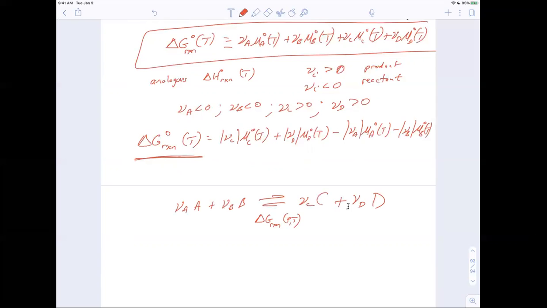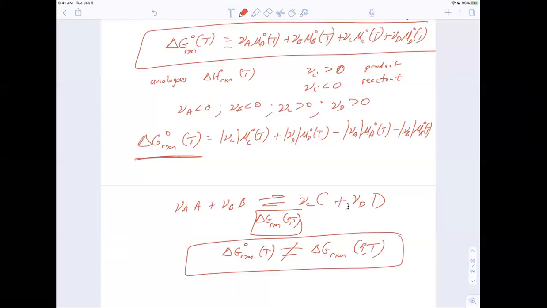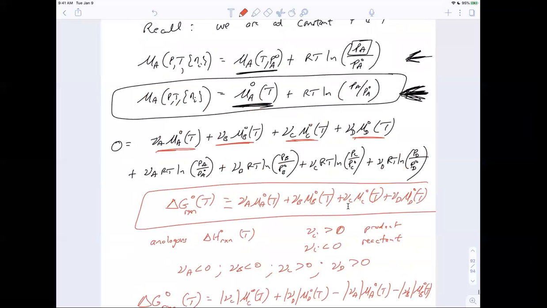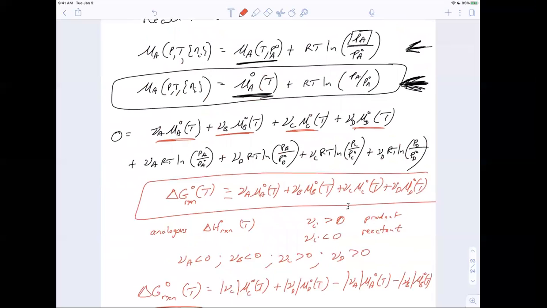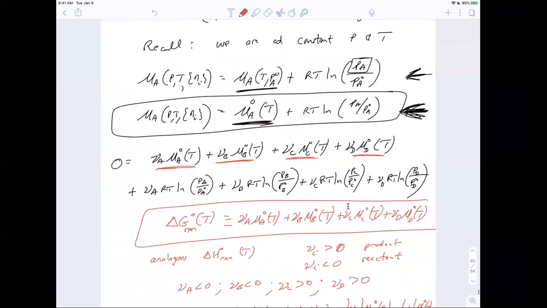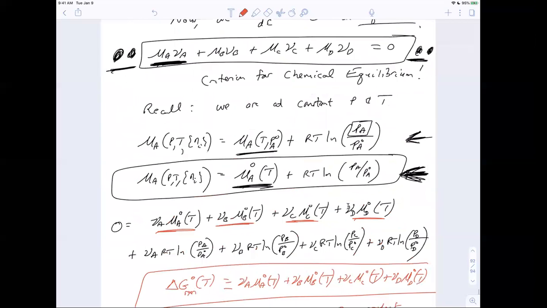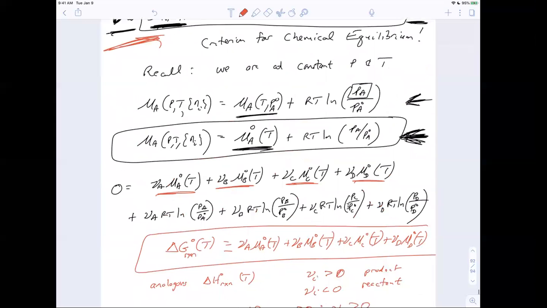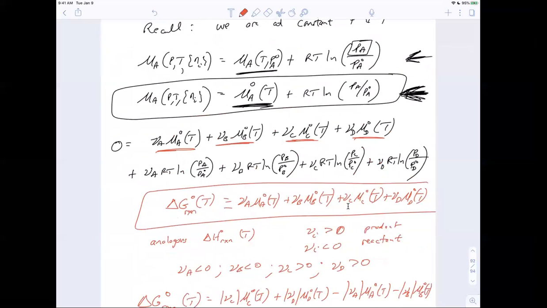Delta G of reaction is not equal to delta G of this, and this you have to keep in mind. This delta G superscript 0 just turns out to be this combination of terms, which is stoichiometric coefficient times the chemical potential in the reference state for each species, when we analyze our chemical equilibrium criterion, which is this. All right, so this was that intermediate step.